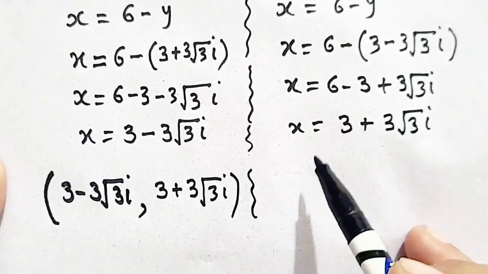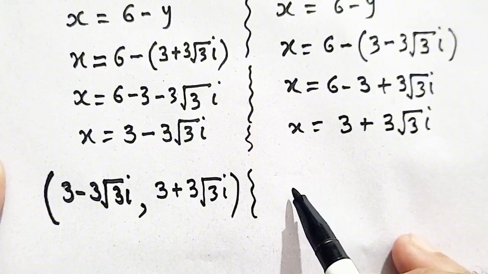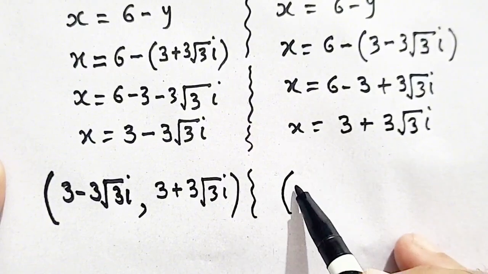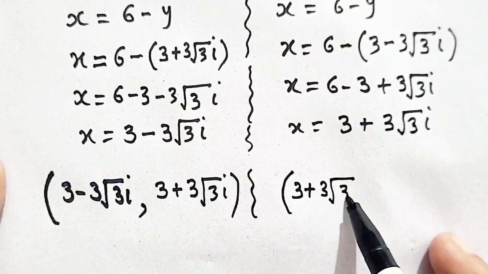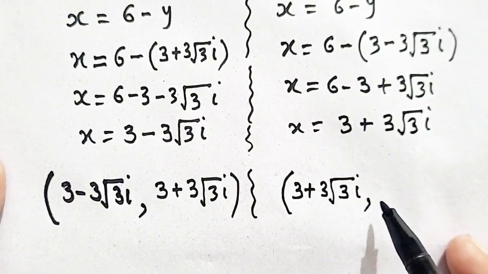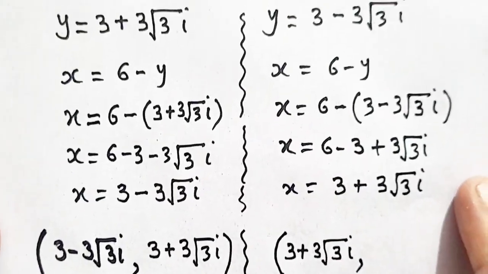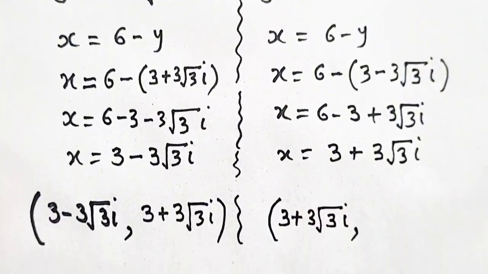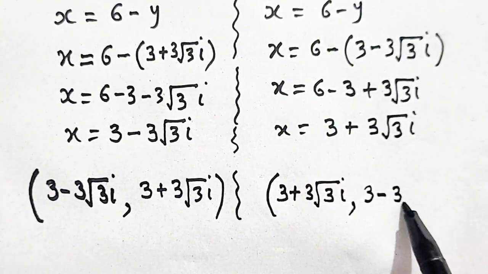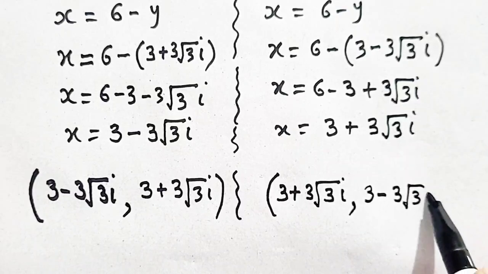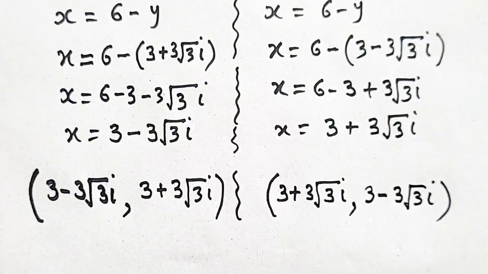Similarly, here the pair will be x, y: x is 3 plus 3 square root 3 iota, and the value of y is 3 minus 3 square root of 3 iota. So this is the final solution set of the equations.